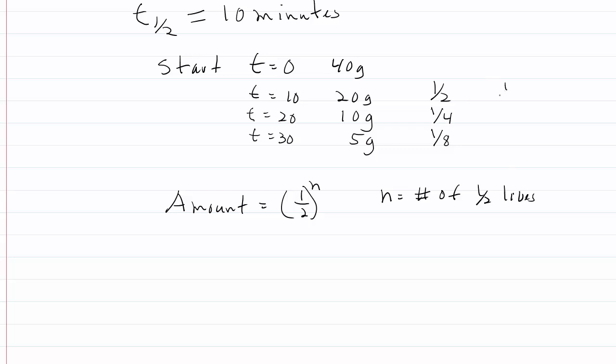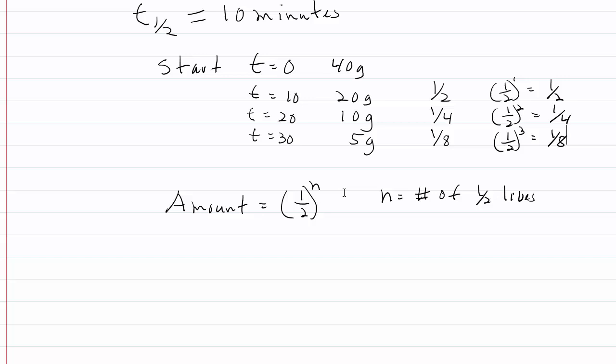So 1/2 to the 1 is 1/2. 1/2 to the second, if we have 2 half-lives, 1/4. 1/2 to the third, 1/8. So this gives us a way to make a numerical assessment of half-life and how much material remains. The beauty of this is with a scientific calculator, your exponents don't have to be whole numbers.